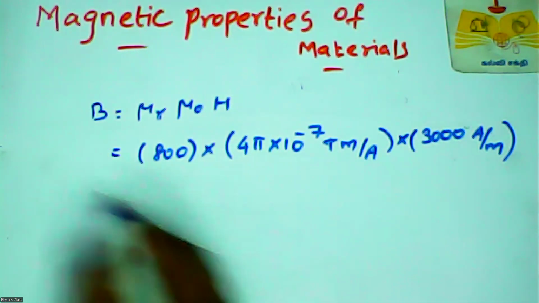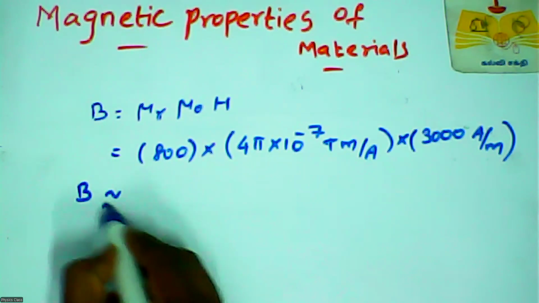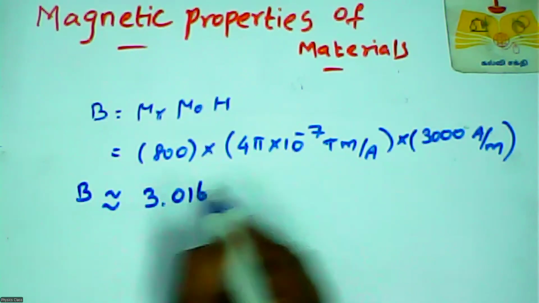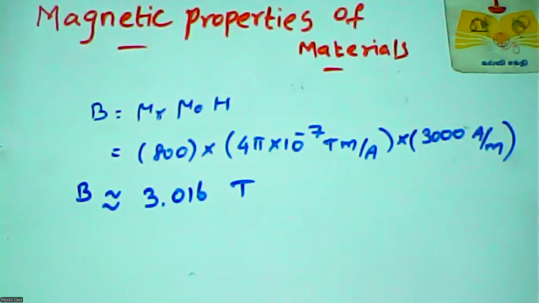So this gives approximately 3.016 Tesla. You can verify that later. B is approximately 3.016 Tesla.